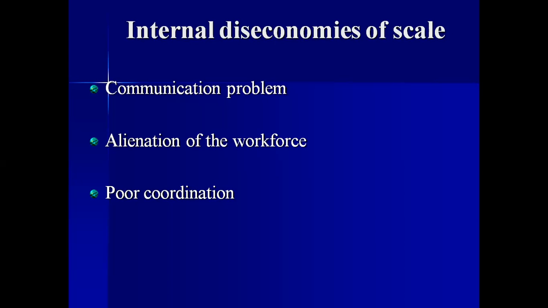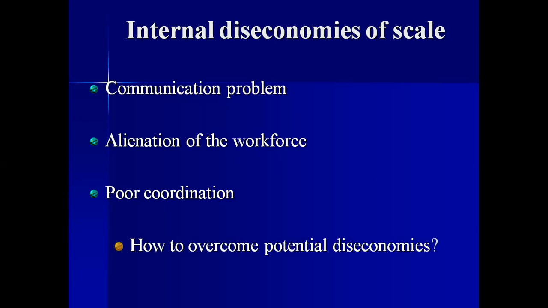But because of poor coordination, it's not that easy. It's easy if your business is small, if you have one or two branches. But if there are plenty, then it's not easy to maintain the same standard of quality, and that leads to a poor image, and then it may increase the average cost of the business as well. Either you need to improve your service, which again requires money, or the goods will stay in your warehouse for a longer time period, and that will increase your cost of warehousing.